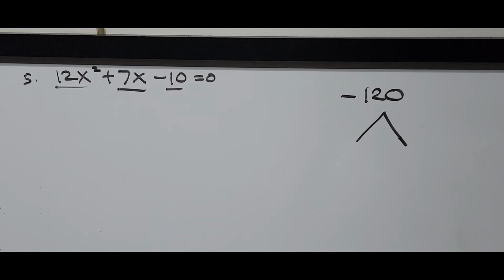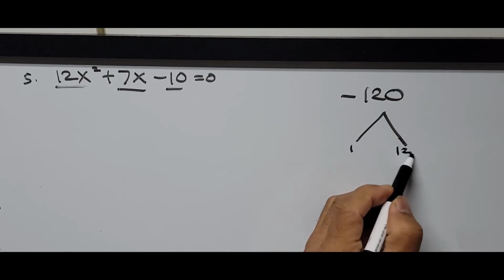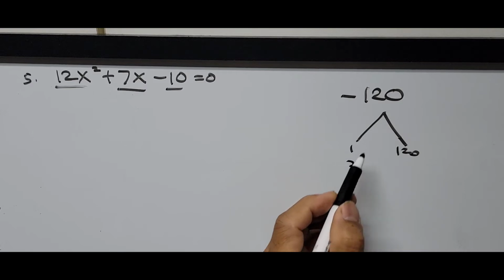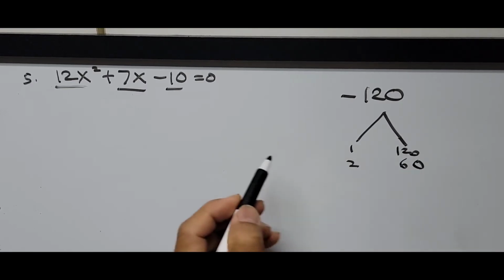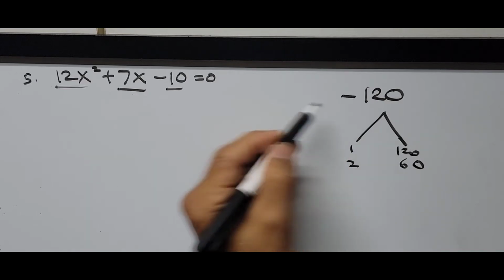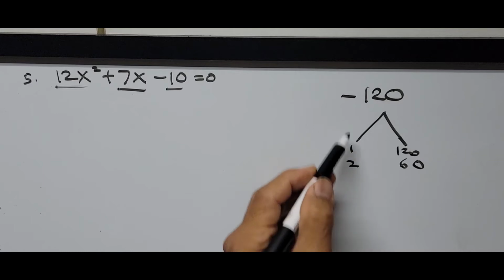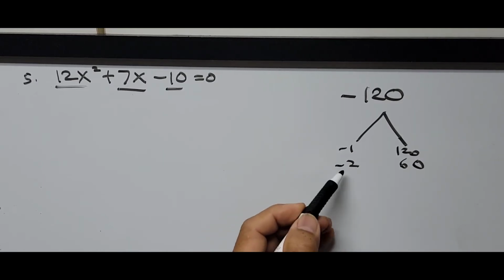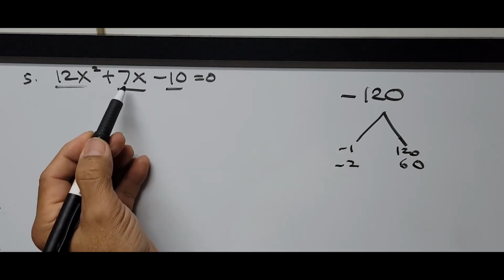So let's start with the factors of 120. That is 1 times 120, and then 2 and 60. Since the product is negative, the lower number of whichever factor pair will carry the negative sign. So negative 2 and 60 is negative 120, and our target is 7x.